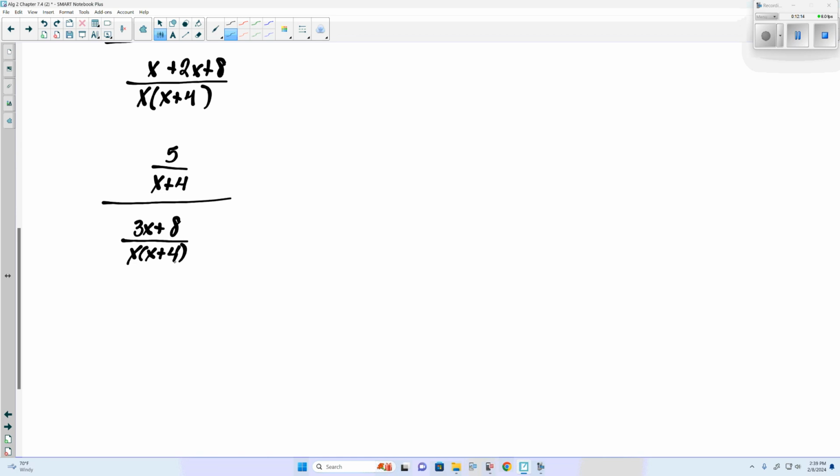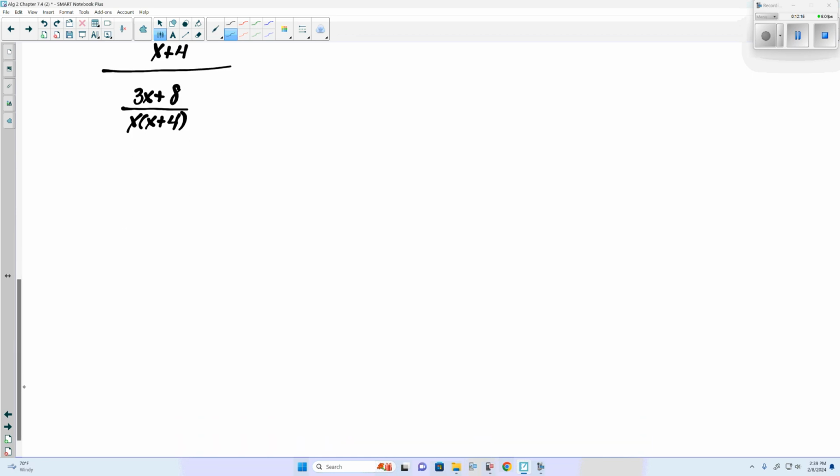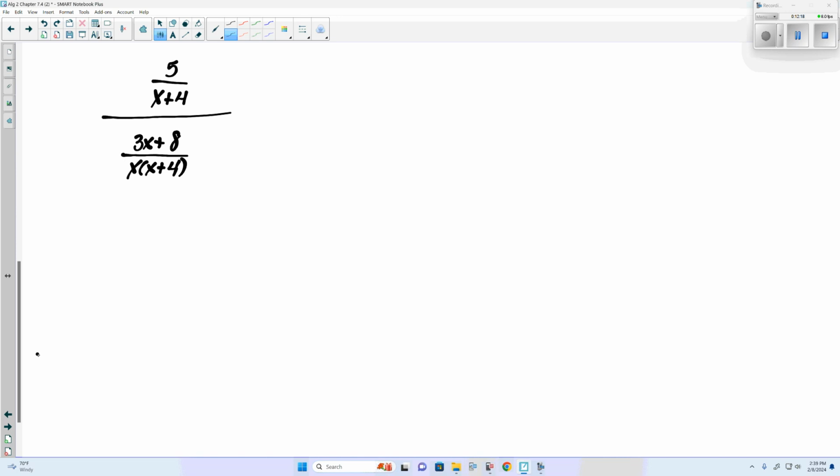Now we finally got it written as a fraction with one fraction on top and bottom. Now really fractions, like if we had 1/2, is the same as saying 1 divided by 2.